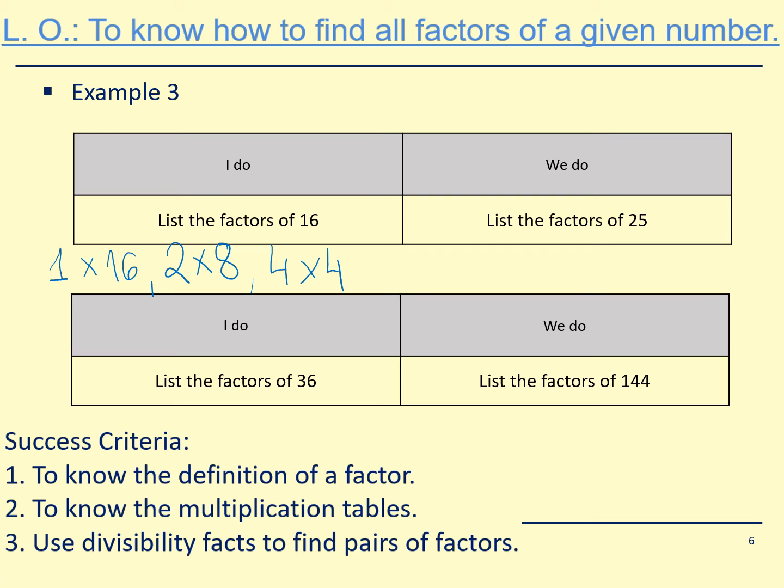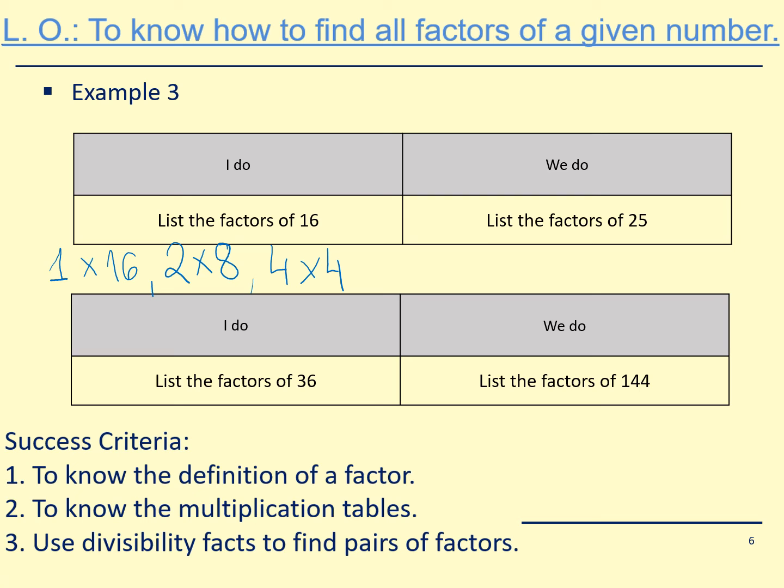Like I said, usually factors come in pairs, but for 16, 4 pairs up with itself. So it doesn't have another number that pairs up with it. So actually, we would say that 4 does not have a pair.